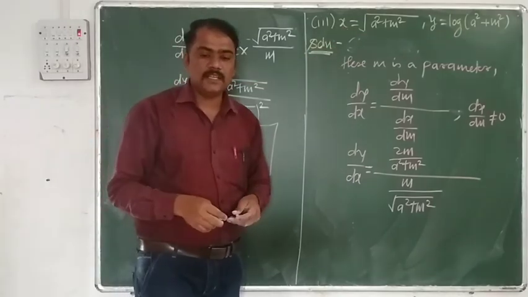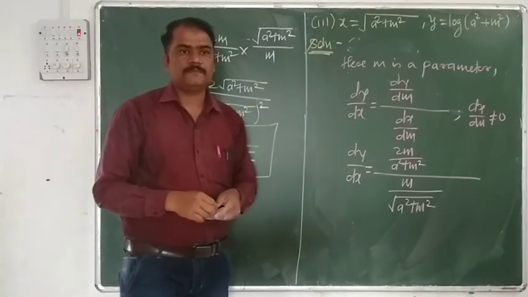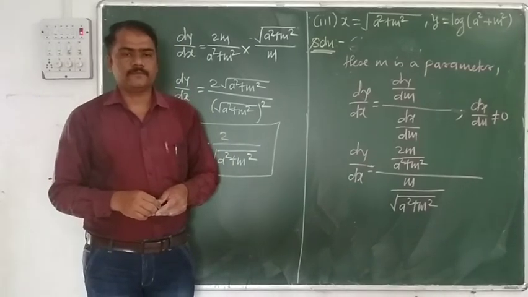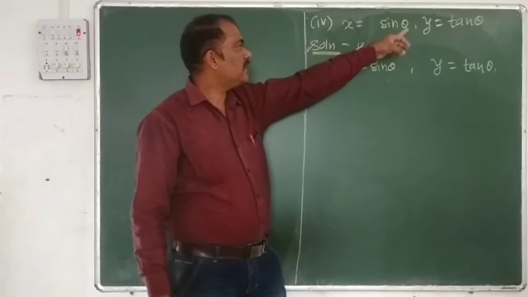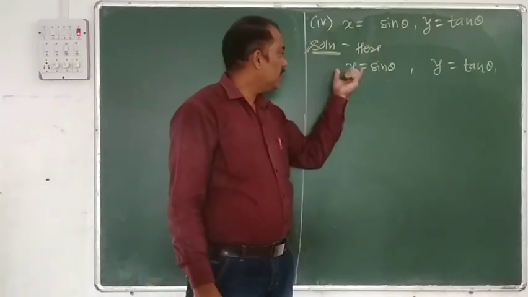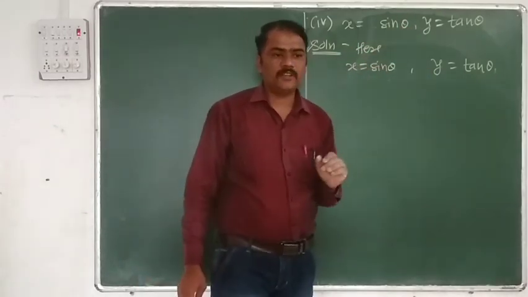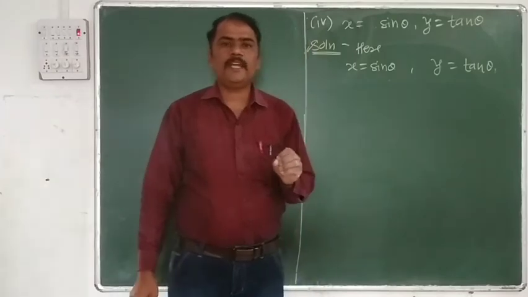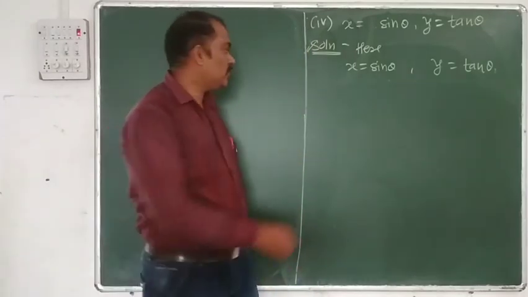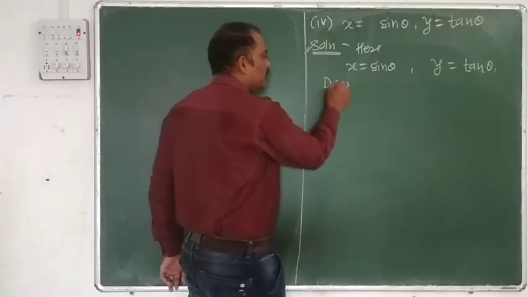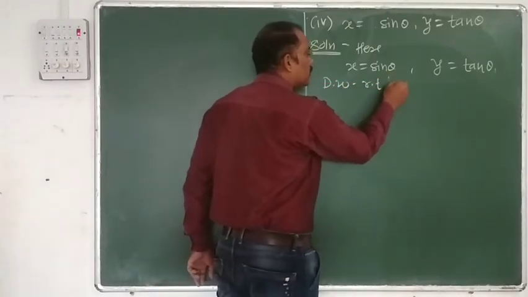Now we have to discuss the next example. Example number 4: x is equal to sin theta, y is equal to tan theta. x is a function of theta, y is a function of theta. What is the parameter? Theta is the parameter, so we have to differentiate with respect to theta.